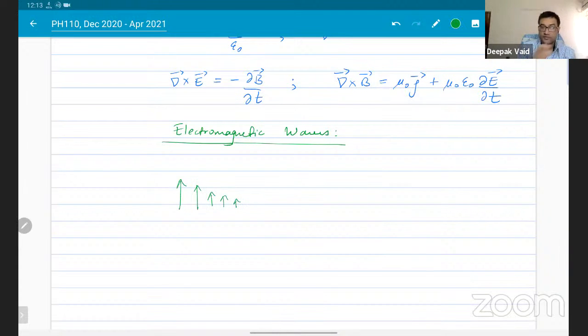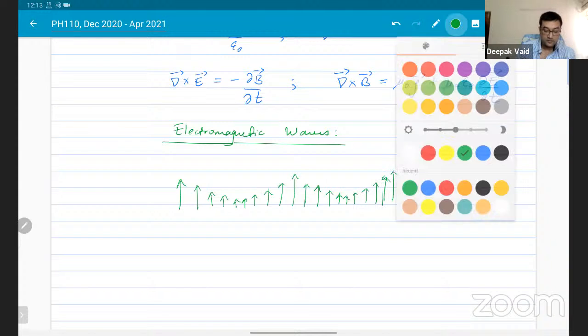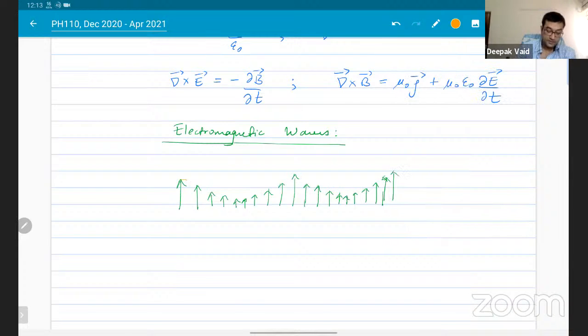So for instance, I could have some region of space where there is an electric field that is decreasing like this, and then maybe it starts increasing again. So this sort of behavior is what you would associate with a wave, right?